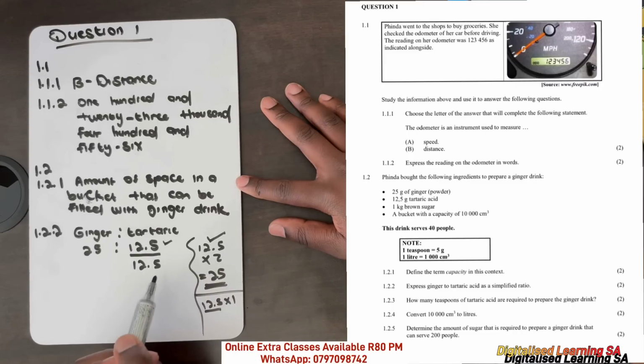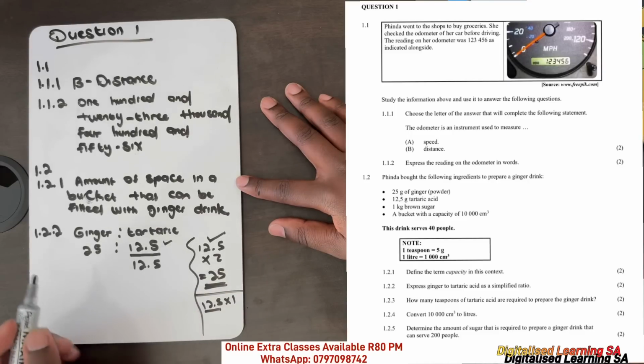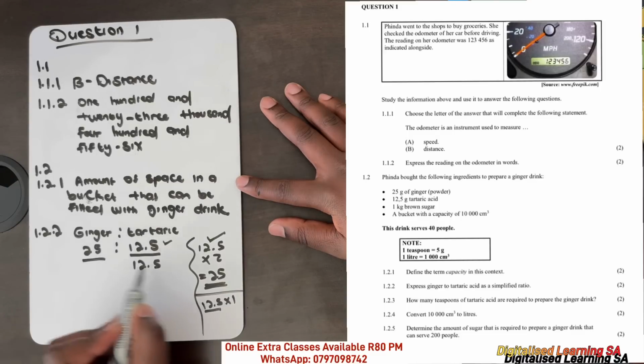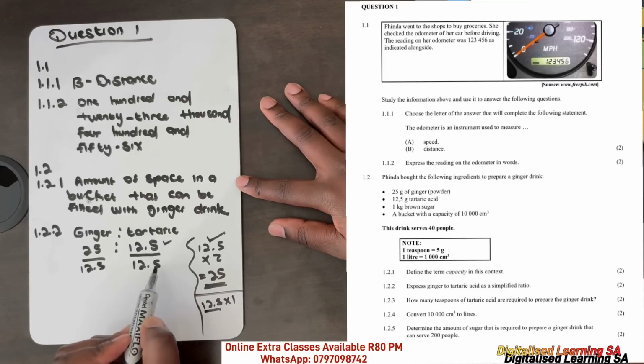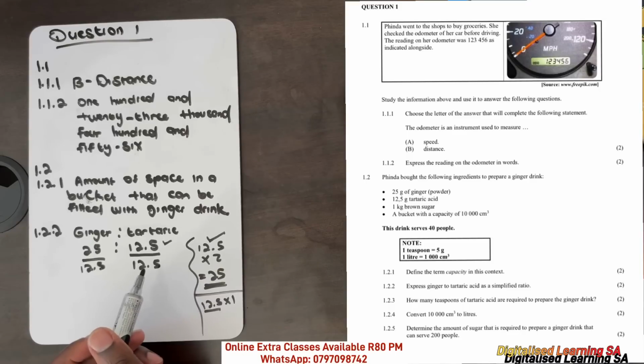That's why we are dividing by 12.5. We need a number that, if we divide both sides by it, gives a simplified answer. What we do on our left hand side, we also need to do on our right hand side. So 12.5 divided by 12.5: any number divided by itself is always 1.